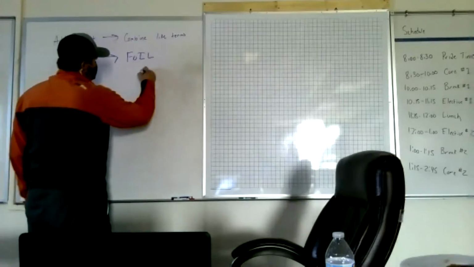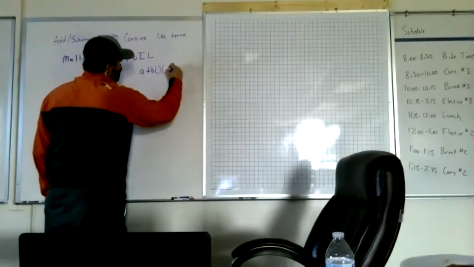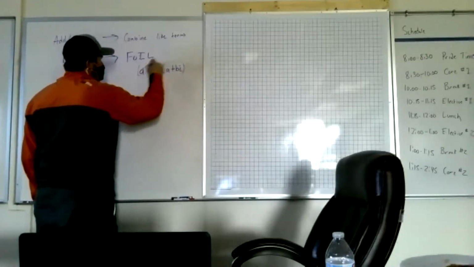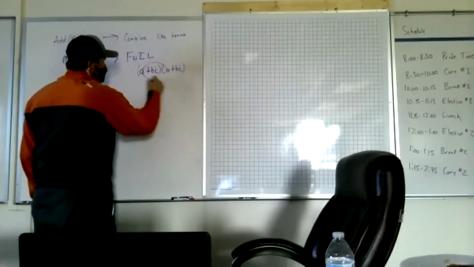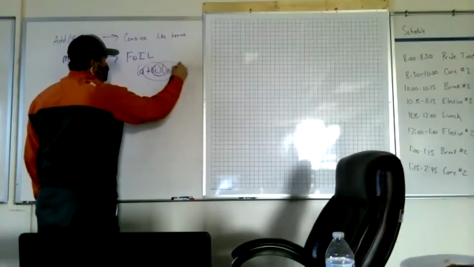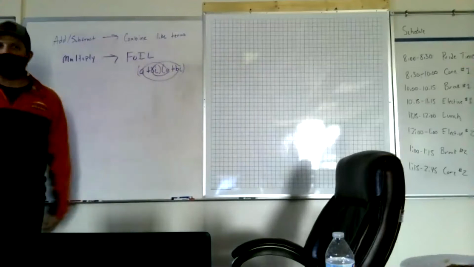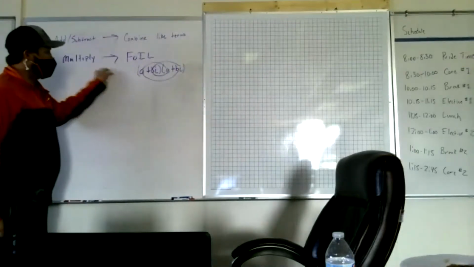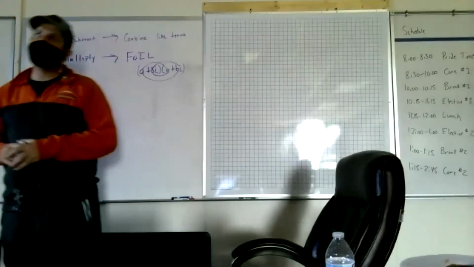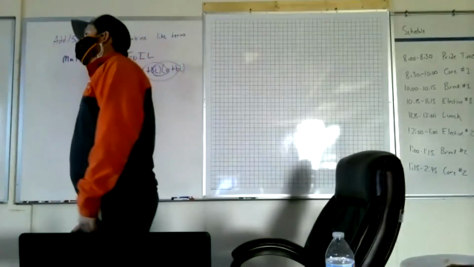Or in other words, say it's a plus bi times a plus bi. These are your first terms. These are your outside terms. These are your inside terms. These are your last terms. You got to multiply them across, doing the distributive property twice. Okay, multiplying with FOIL, you'll be ending up with a complex number unless they are complex conjugates of each other.